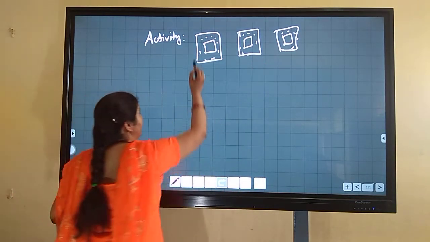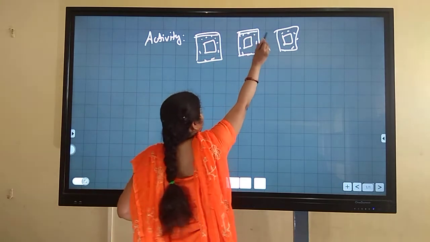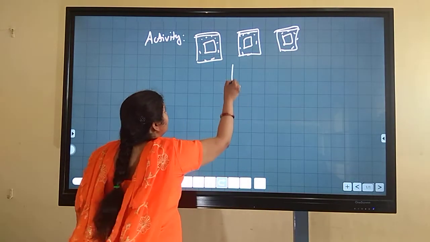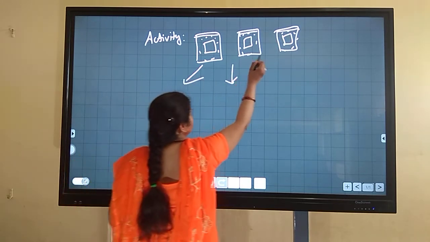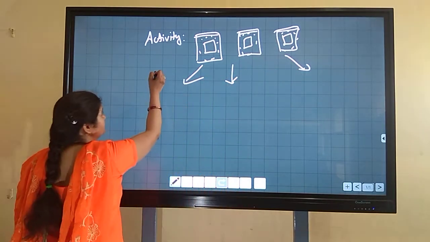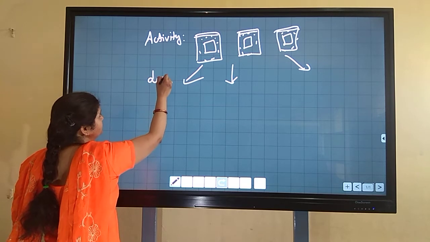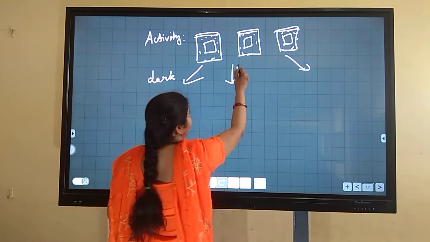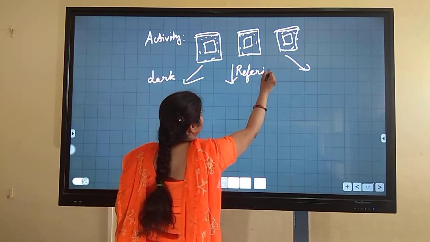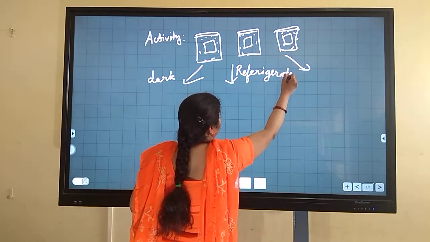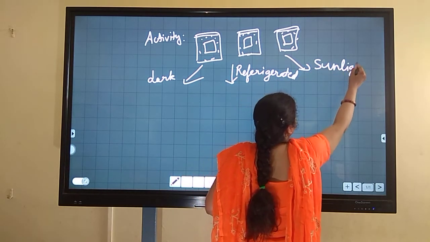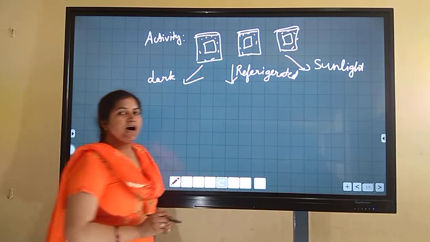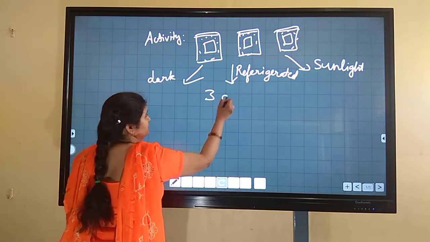Then we will zip it up, and put these 3 bags in 3 different conditions. One will be kept in dark, other will be refrigerated, and one will be kept in the sunlight. And we will check this after 3 days.